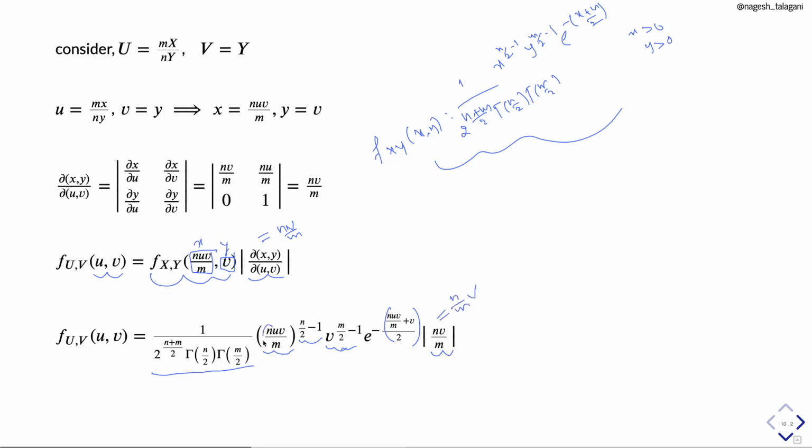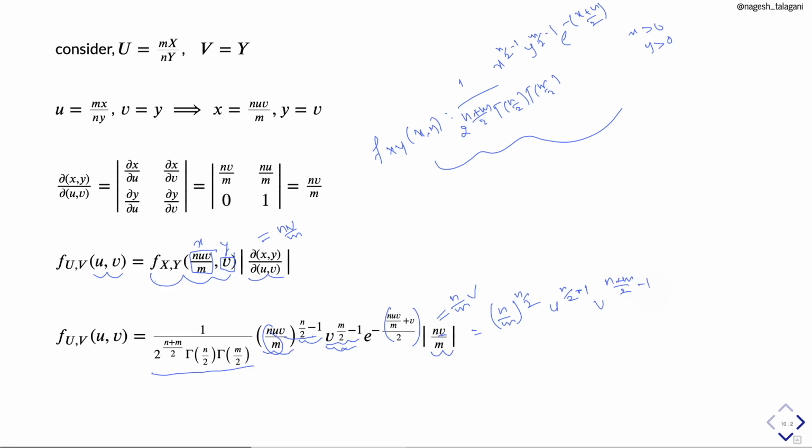Now here is (n by m) all to the power of n by 2 minus 1 times n by m, so I can write (n by m) all to the power of n by 2. Here I got a u to the power of n by 2 minus 1. And here, v to the power of n by 2 minus 1 times v to the power of m by 2 minus 1 times v, I can write as v to the power of (n plus m) by 2 minus 1.